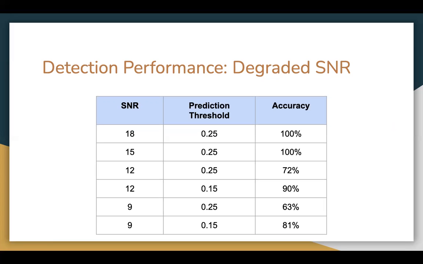And with 0.25, we had about a 72% accuracy. Then we went down to 9 dB of SNR, and as you would expect with a lower SNR, our accuracy went down. But then we tried a lower prediction threshold of 0.15, and our accuracy did go up.